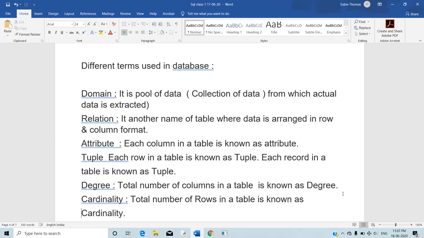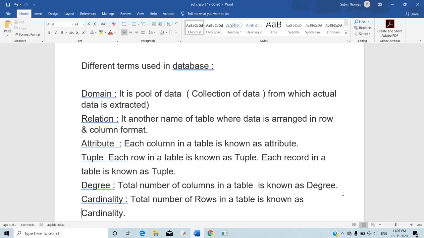For example, I will give an example for domain. I am going to store information about the students in a database. Within that I have to store the age of a student.